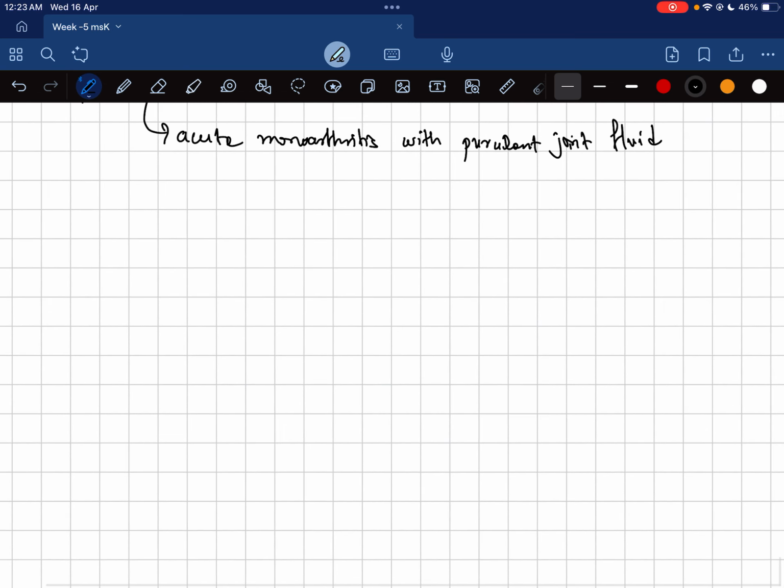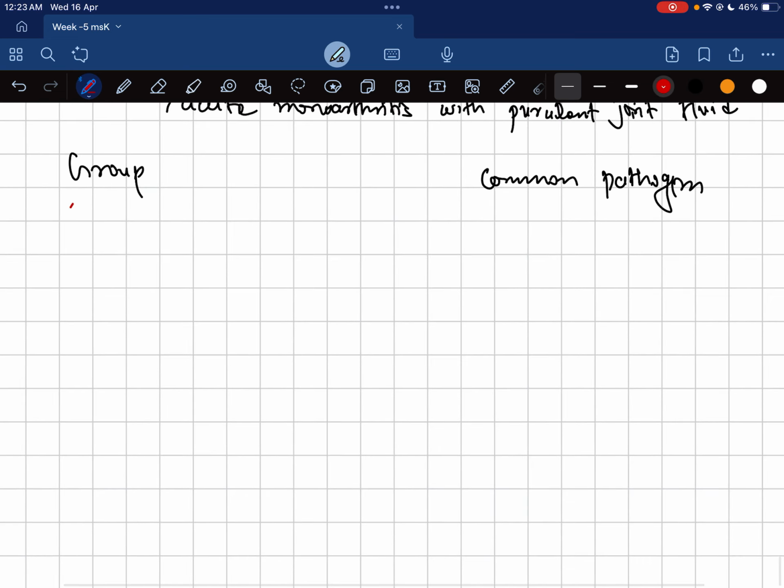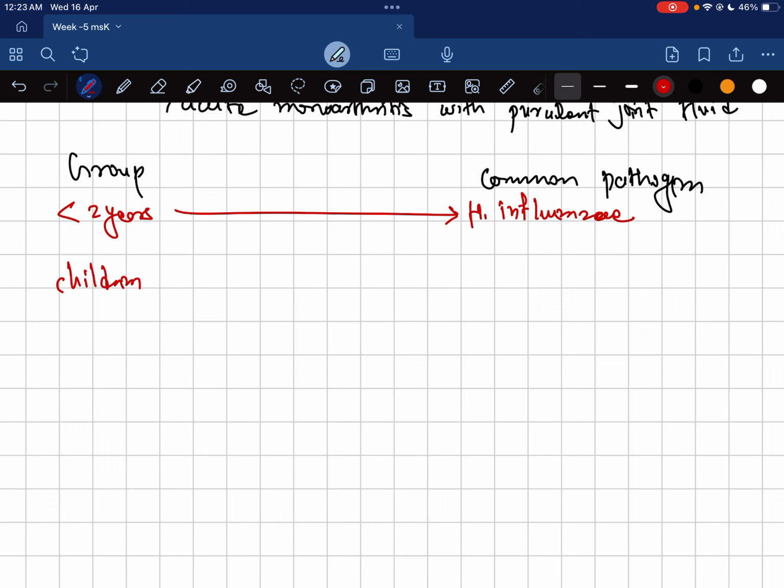I am going to summarize this in a table with the group and the common pathogens. For children less than 2 years, these are infected by Haemophilus influenzae. And when we look at children and adults, there are bacteria that lead to arthritis.